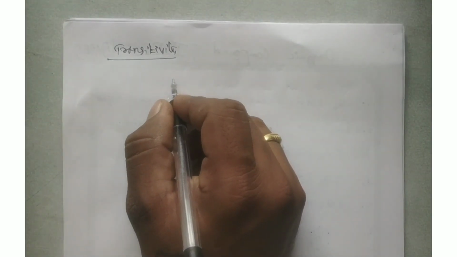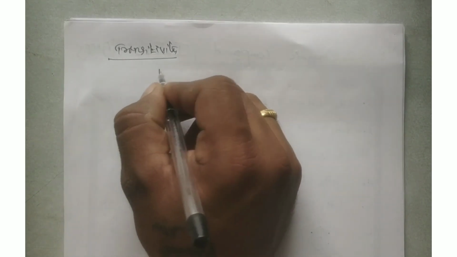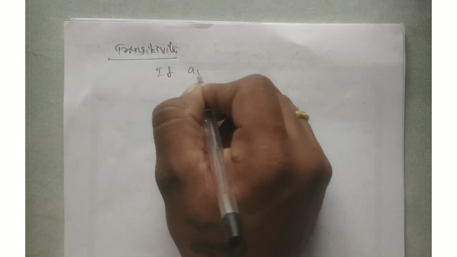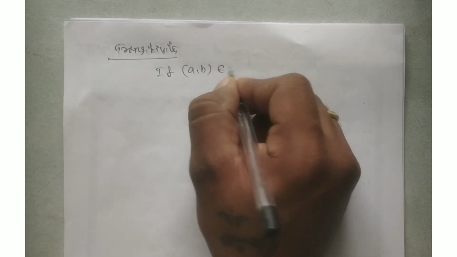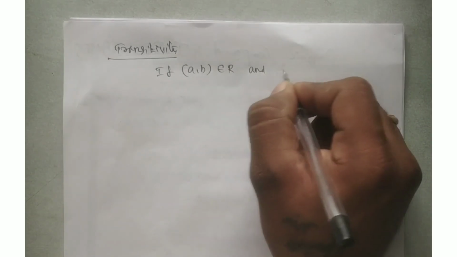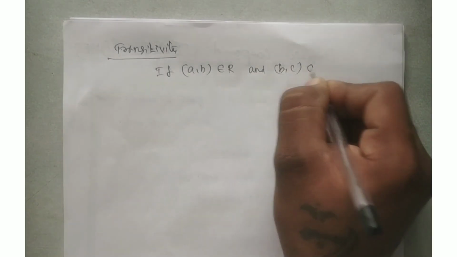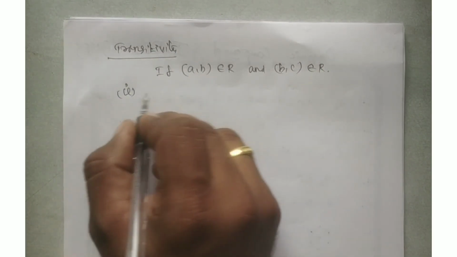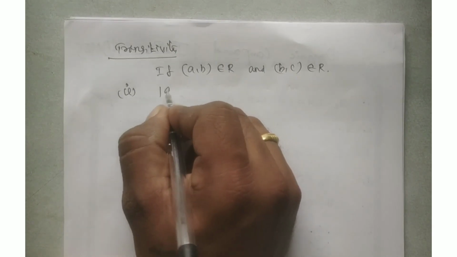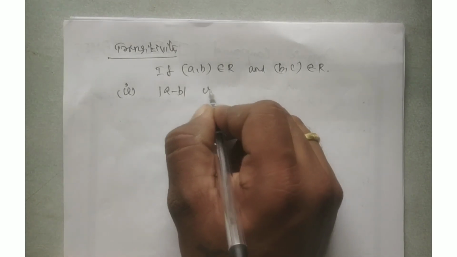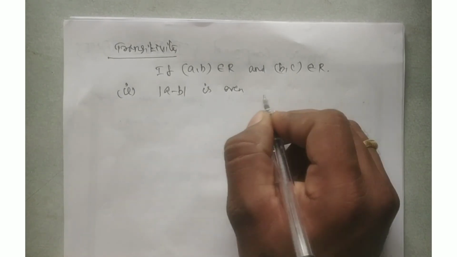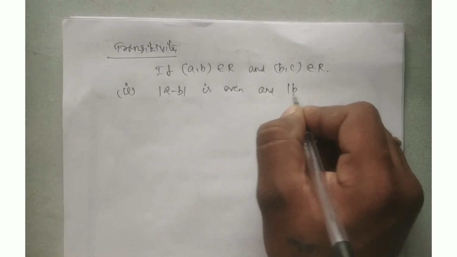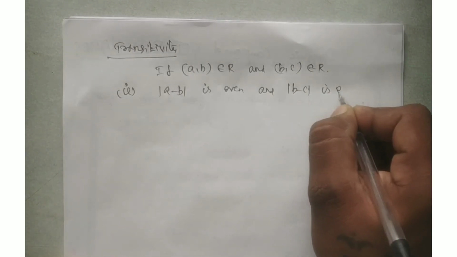Transitivity. If it is transitive, we need to show that we take (A, B) belongs to R and (B, C) also belongs to R. So what is it showing? If (A, B) belongs to R, modulus of A minus B is even, and modulus of B minus C is even.